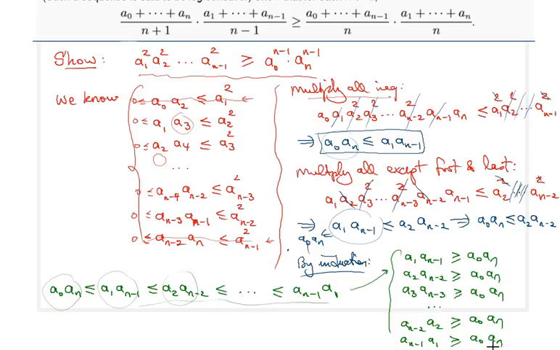So if we multiply out all these inequalities one more time, again all the a sub i's are greater than 0, so that's possible. It will not change the direction of the inequalities.